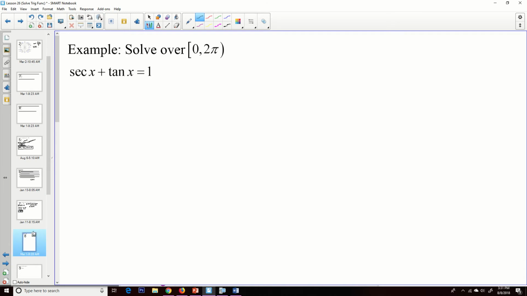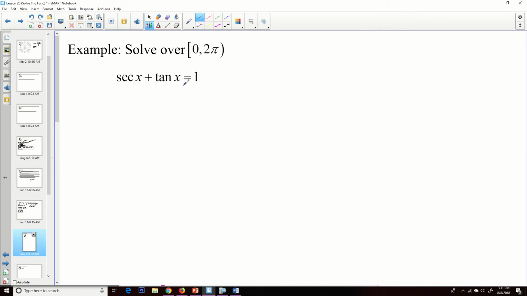All right, next one, solve this expression. So I've got secant plus tangent equal to 1. All right, so let's see, what am I going to do here? This one, I'm going to do something a little bit different.